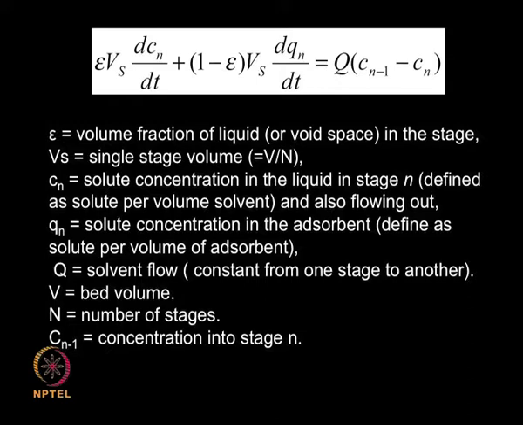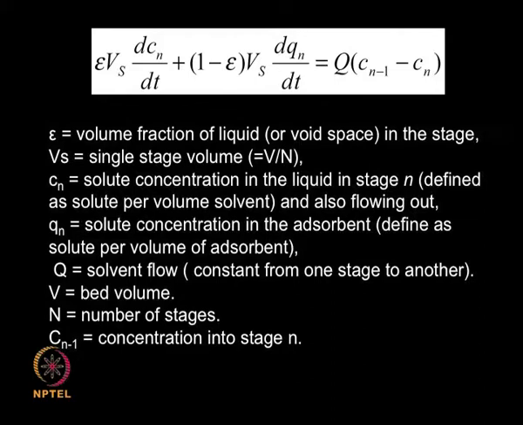Suppose there are N stages, the single stage volume will be V by N. We have to multiply by the voidage because you have solids also present inside. So epsilon into Vs is the volume of the liquid space inside a stage, multiplied by dCn by dt. This is the accumulation of the solute in the liquid part inside a stage, plus there is accumulation in the solid part also.